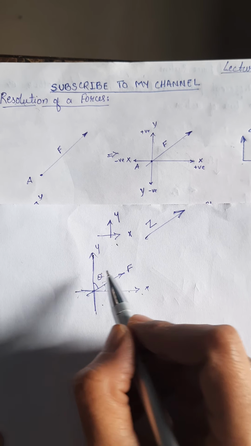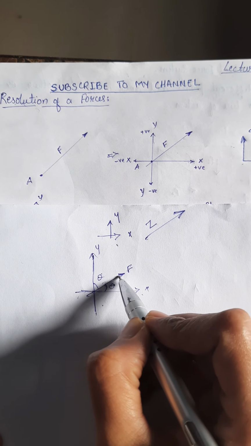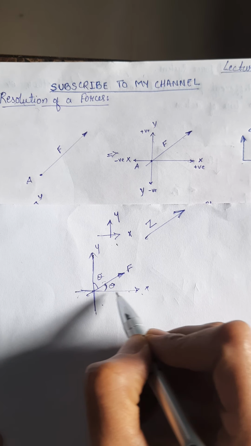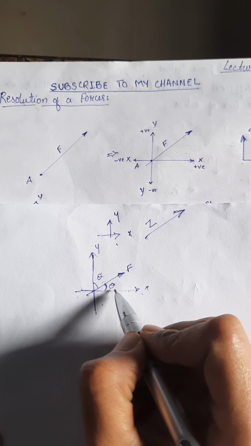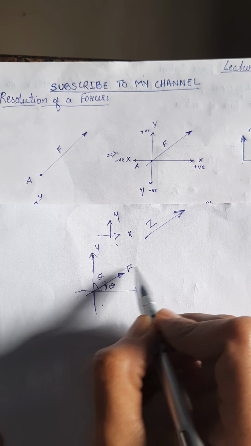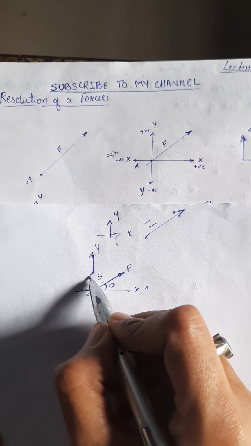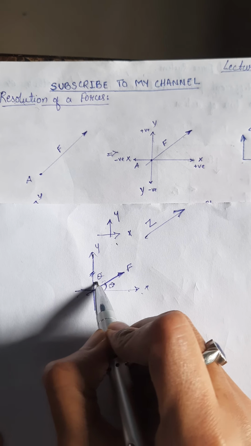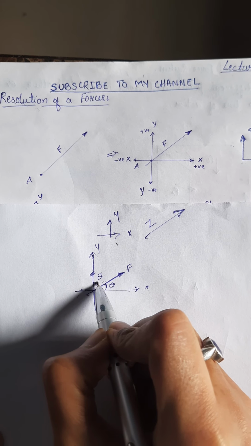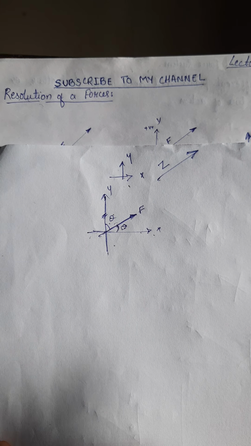Whenever we have the angle between the force and the x axis, we call it the angle with respect to x axis. And similarly, when we have the angle between the force and the y axis, we call it the angle with respect to y axis.